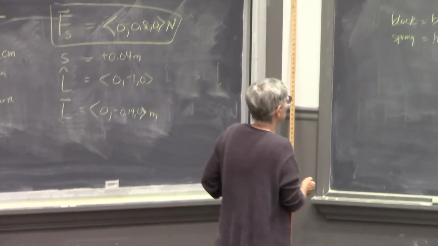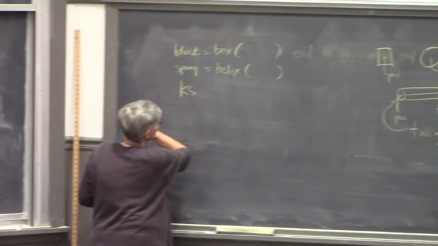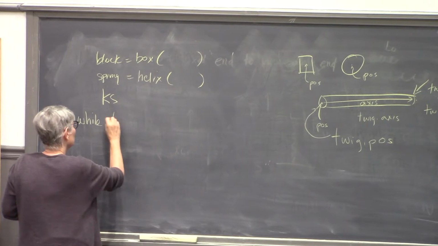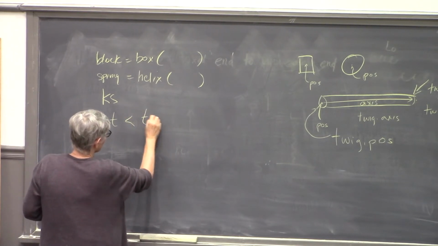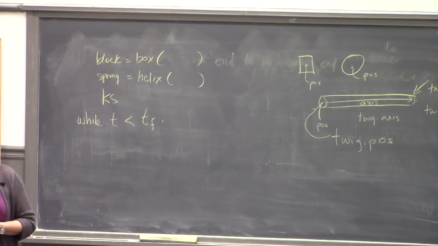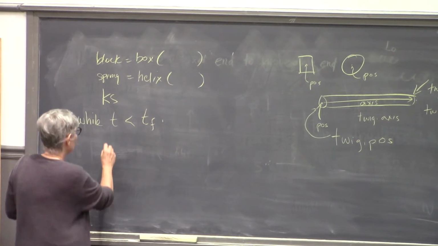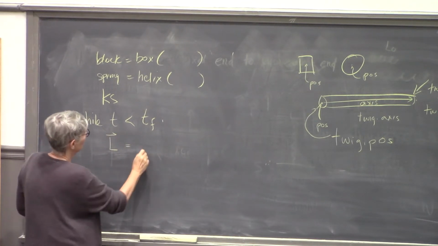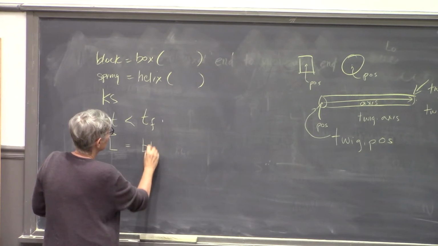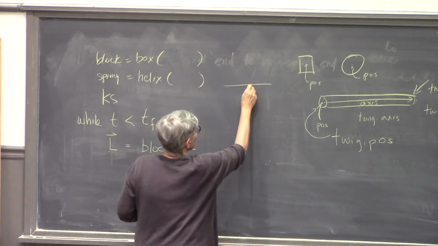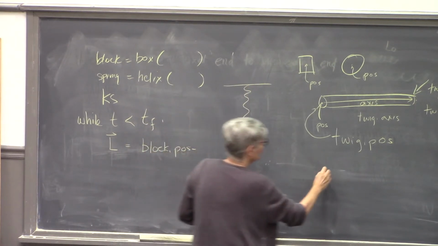So we set up all this stuff, and we define a spring stiffness and some other stuff. But what goes in our while loop? While t is less than some t final. Well, you just told me what had to be in the loop. So we have to calculate, to get the stretch, we've got to get the vector L. So that would be the position of the block minus, so helix works the same way as a cylinder does.